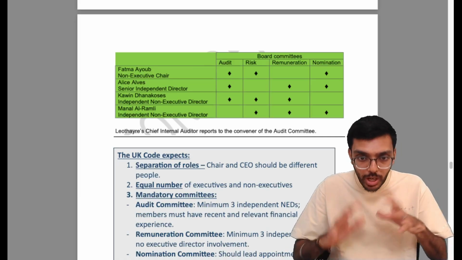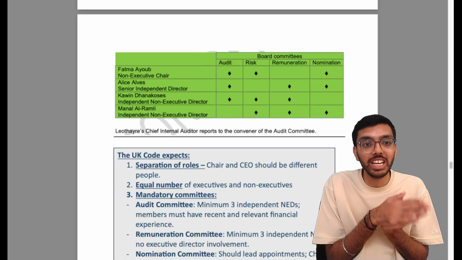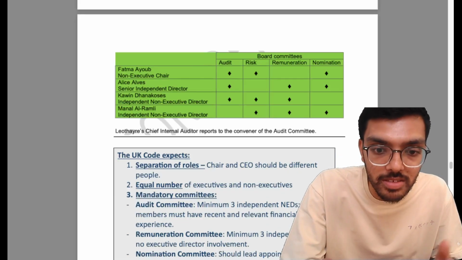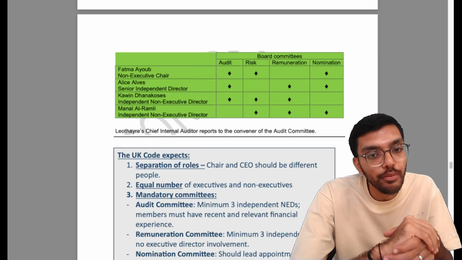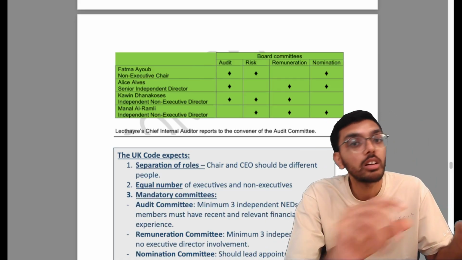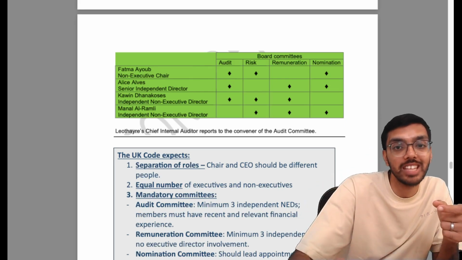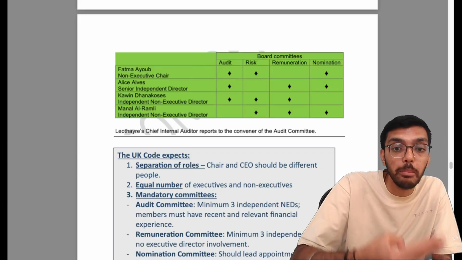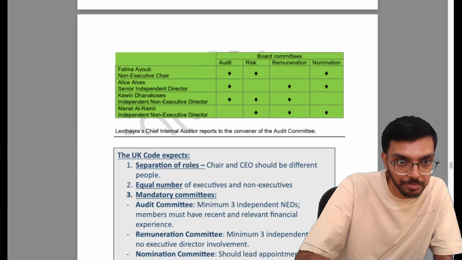So overall, the board of directors is strong. The positioning in terms of governance is a little bit weak if I look at the imbalance in the board, plus some imbalances in the committees in terms of not meeting the minimum requirement of 3 independent NEDs.